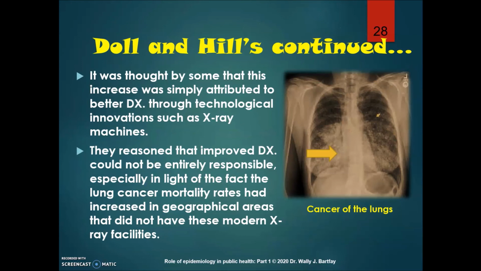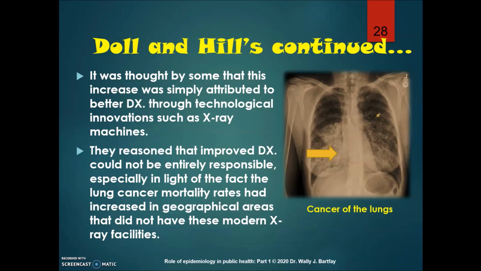So it was thought by some that this increase was simply attributed to better diagnosis occurring through various technological innovations, such as the development of X-rays that moved into hospital settings. Here on the right, of course, we see an X-ray, and we can see cancer of the lungs, adenocarcinoma happening here.